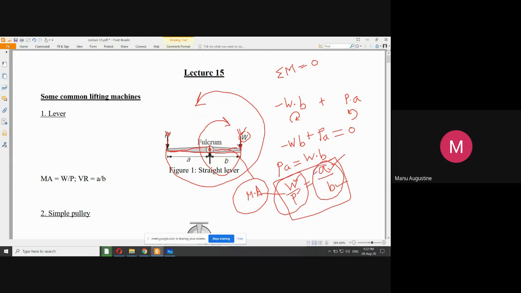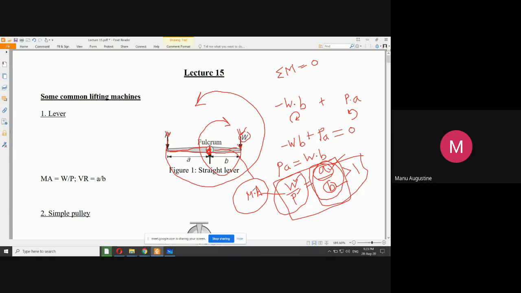And since the lever arm length is always taken larger compared to the load arm length, you can expect this ratio to be greater than 1. But again, you should remember that mechanical advantage is not constant. If you introduce friction at the fulcrum, then this balance will be disturbed. Then it is not exactly equal to A by B. Then some friction will also be involved and mechanical advantage will get reduced.